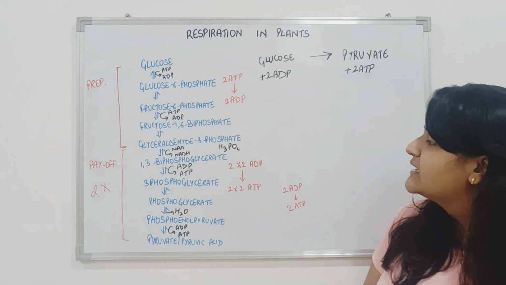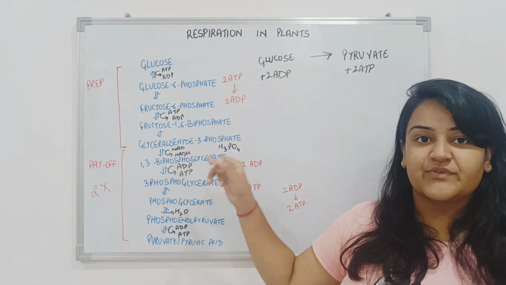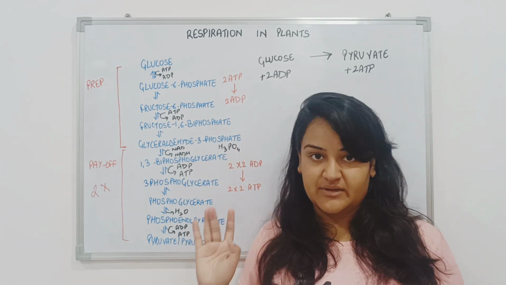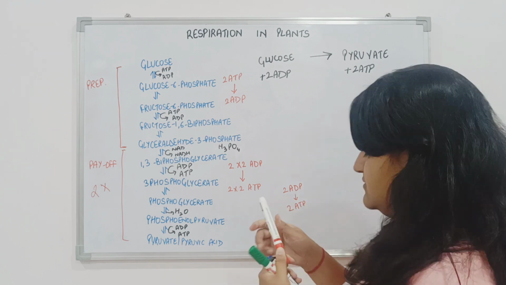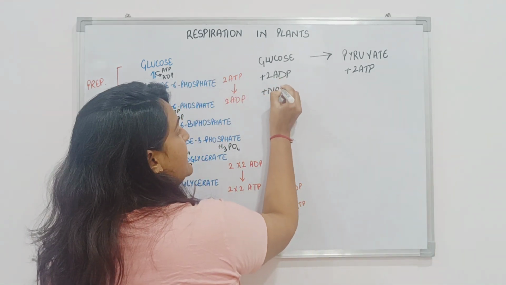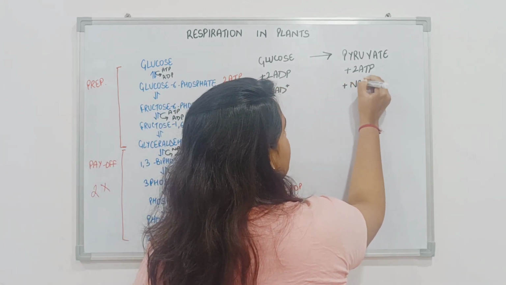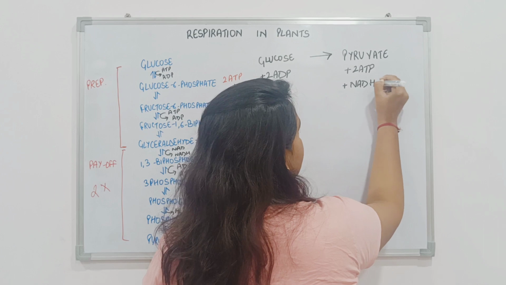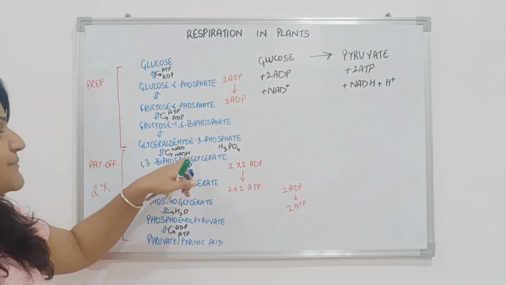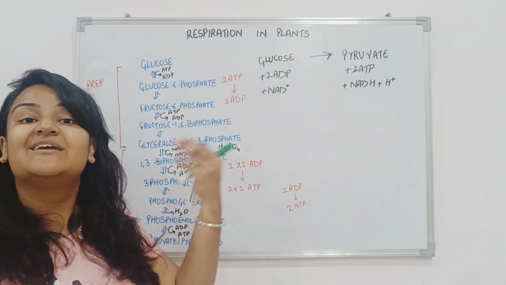Second thing, here NAD goes to NADH, right? What is happening here? Dehydrogenation, right? So this will be plus NAD positive plus NADH plus H positive, but this is in the payoff phase. So here it is 1 molecule, but this is happening twice.